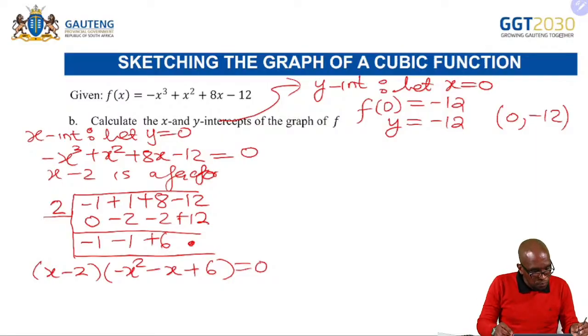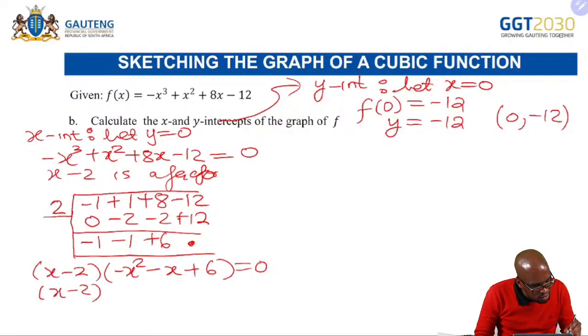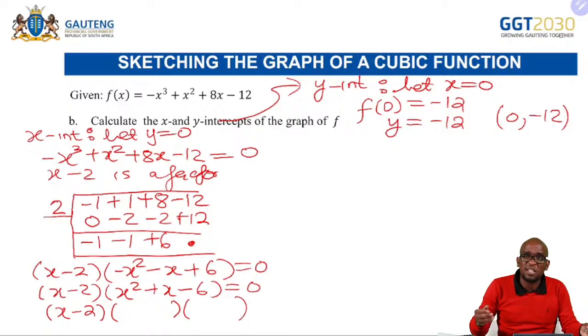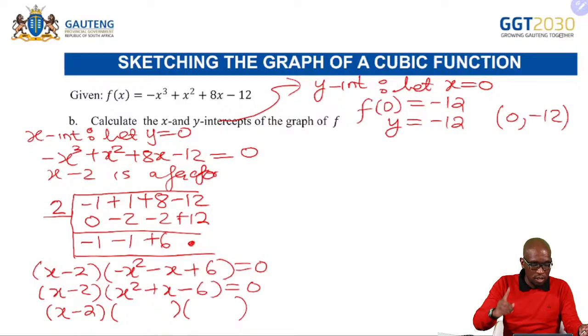Now quickly, we can divide by negative throughout or take out negative as a common factor. So we have x minus 2 times x squared plus x minus 6 equals 0. If you factorize x squared plus x minus 6, we look for the factors of 6 that would give us 1.